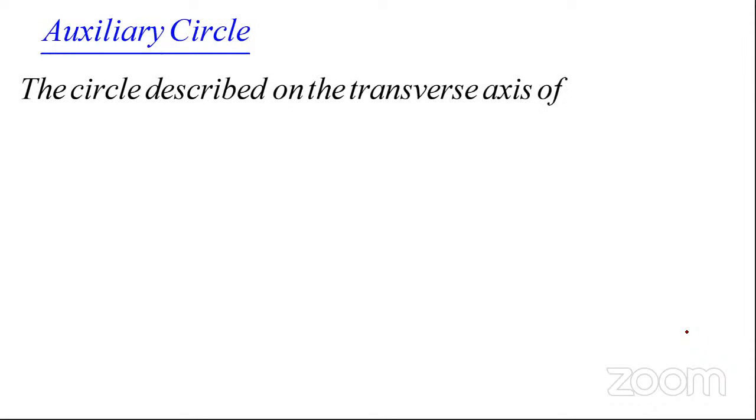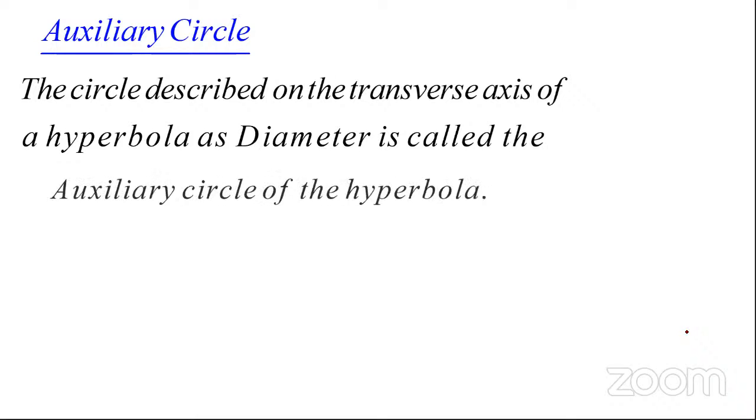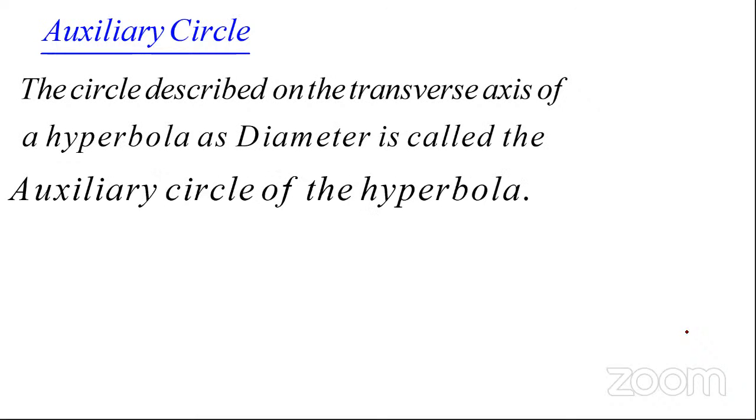Similarly here, we can define the auxiliary circle. The circle described on the transverse axis of a hyperbola as a diameter is called the auxiliary circle of the hyperbola. That is, the length of the transverse axis is equal to the diameter of the circle.